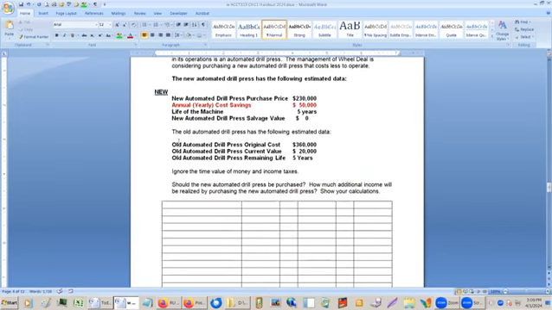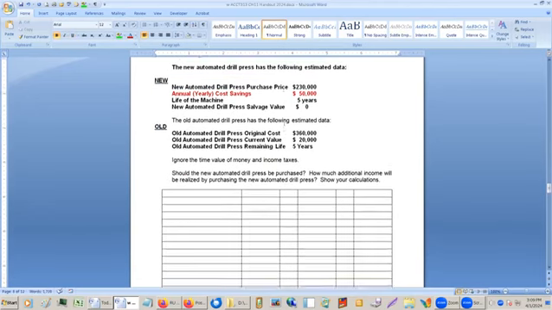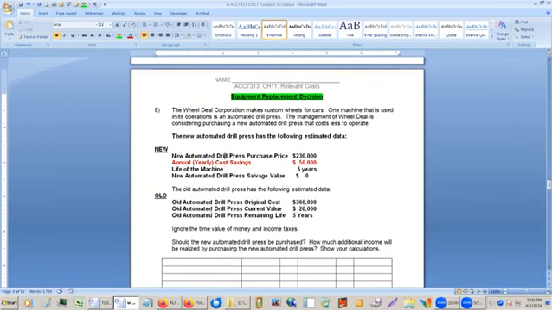And here's the old one down here. Okay, so let's go through some of these old costs and stuff. First of all, notice that the life is exactly the same in both of these, so it's apples to apples. We don't have to worry about the life of the machine being a different length of time.